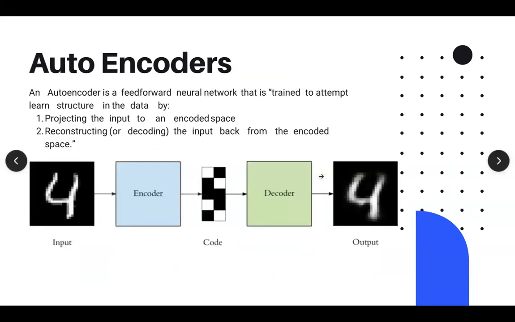And this leads us to autoencoders. The autoencoder's job is to encode the input in a much smaller code that is very useful for further tasks. So the goal of autoencoders is not to do any classification itself or to perform any useful task within itself.